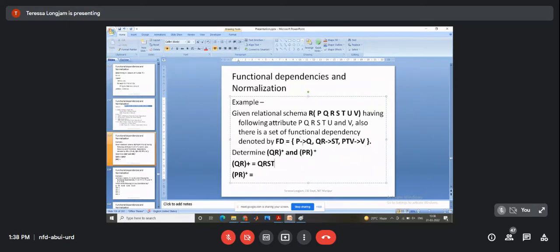P is not a subset. QR is a subset, so we do not need to include it again because they are already included. When we repeat here again, it remains unchanged. That means QR plus will be QRST.